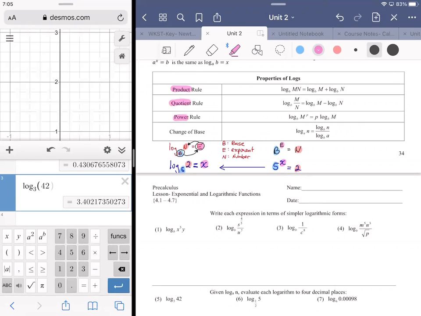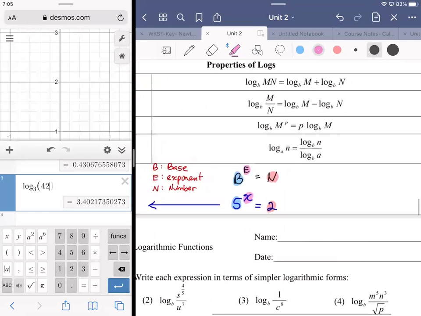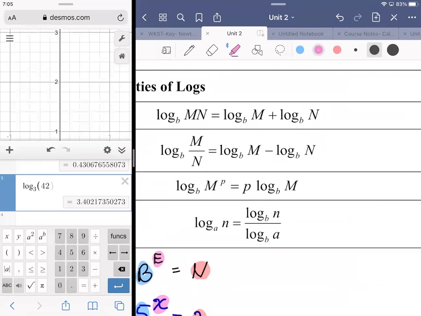A product rule tells us that if you have a log with some base, doesn't matter what the base is, and that log contains the product of two factors, m times n, we break it up into two separate logarithms. We take the log of the m and separately add to it the log of the n, maintaining that base throughout. That's what we call the product rule for logs.